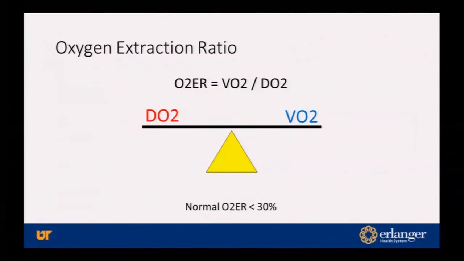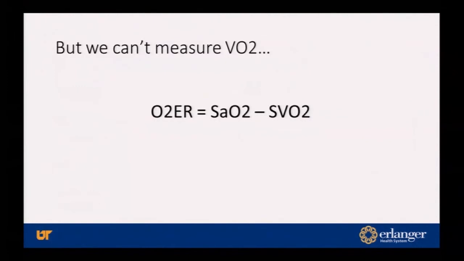That was all the conceptual framework. Now we're going to make it even simpler. We can't measure VO2, and I, for one, don't want to. But what's really interesting is that your oxygen extraction ratio can be represented as the difference between your arterial oxygen saturation minus SVO2. This is your mixed venous oxygen saturation.